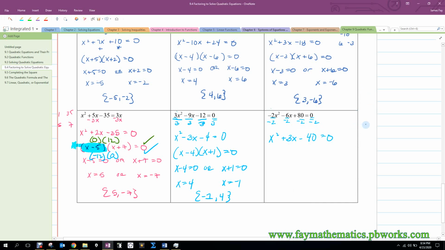Was that 8 and 5? 8 times 5 gives me 40. If the 8 is positive and the 5 is negative, those should add up to give me positive 3. So I'm looking at x plus 8 and x minus 5 equals 0.